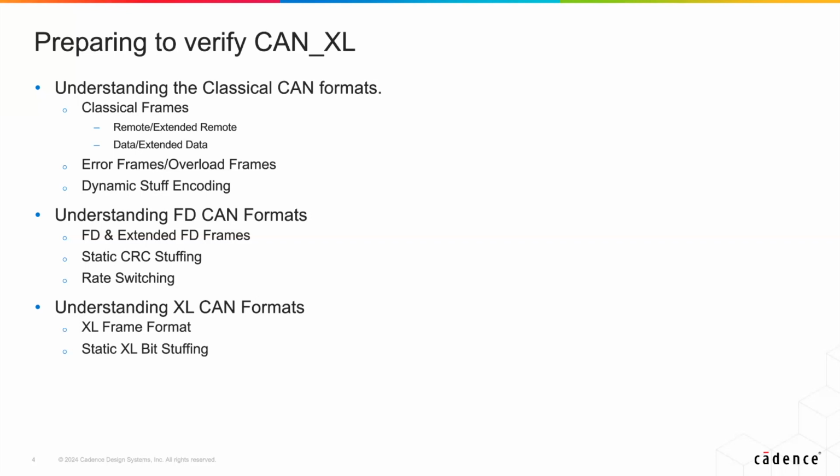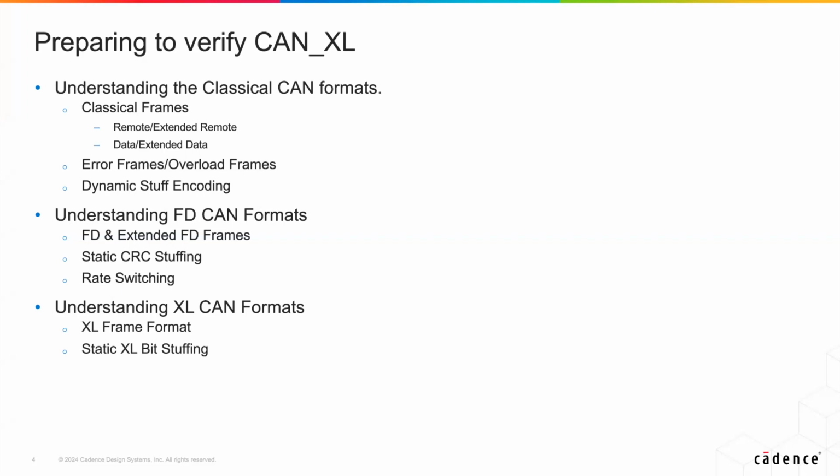That includes the classical frame formats, which are remote, remote extended, data, data extended, error frames, overload frames, and the FD frames and other encoding methodologies, like the dynamic stuffing encoding in classical CAN, the static CRC stuff encoding in FD CAN, and the details about switching data rate in CAN FD frames.